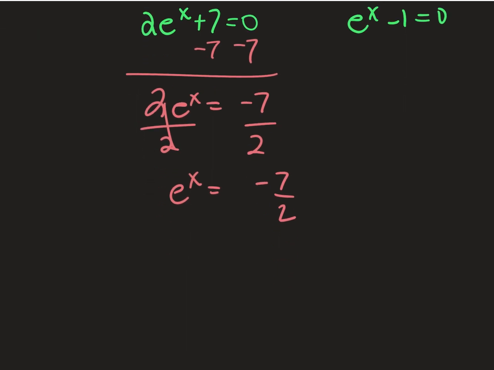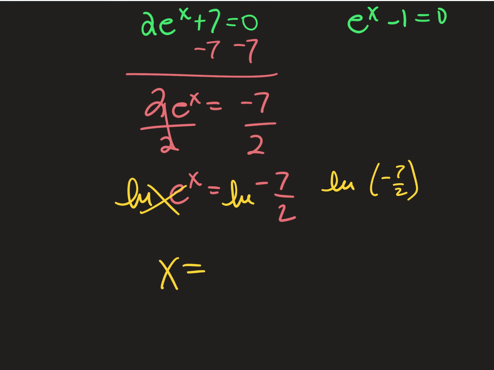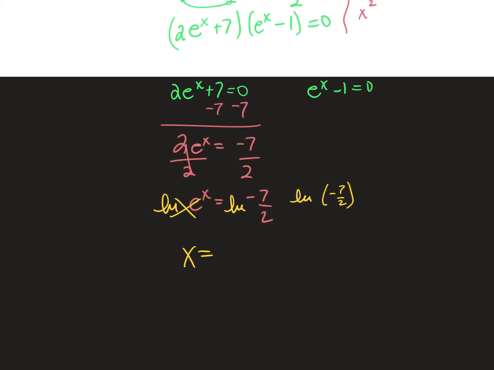What is the opposite of e? So if I take the ln of this side, then I take the ln of this side. So I have x equals, guys, in your calculator, ln of negative 7 over 2. What does your calculator tell you? Error. Why? Because it's a negative. So at this point, you can go right here. None. That solution doesn't work. Tell me it doesn't work by putting a big X through it.